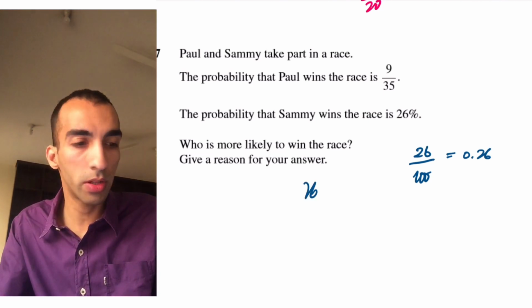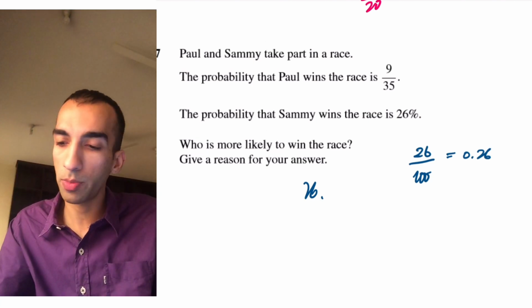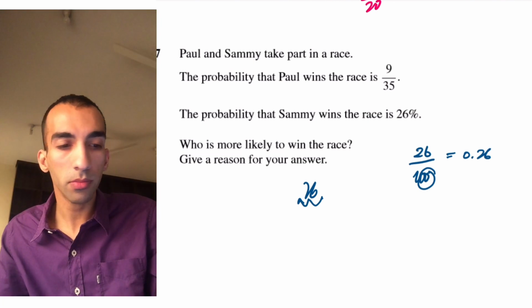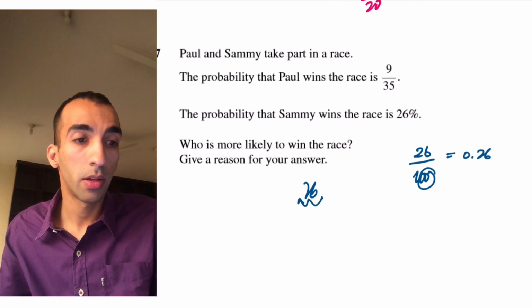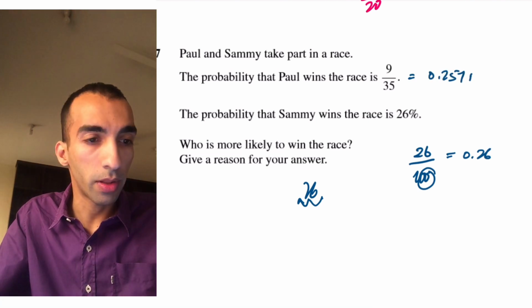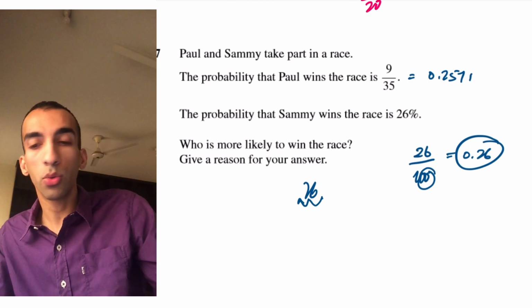If you're not familiar with this concept, decimal is over here. Divide means move to the left. 100 means 2 spaces because it has 2 zeros. I'm going through this concept really quickly because this is a grade 6 concept, just taught in class 6, so I'm not supposed to be going into detail for that. 0.2571 and this is 0.26. So who is more likely to win the race?